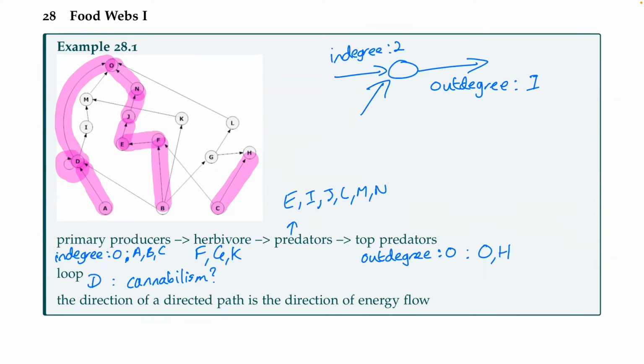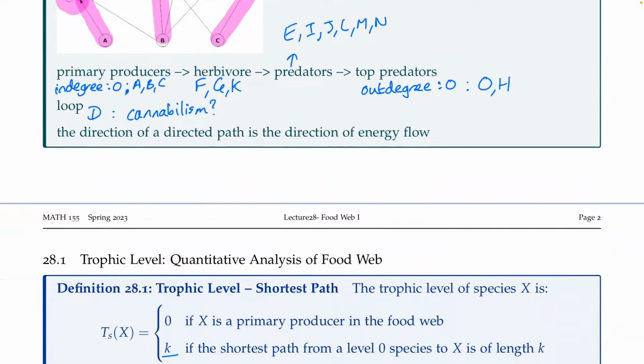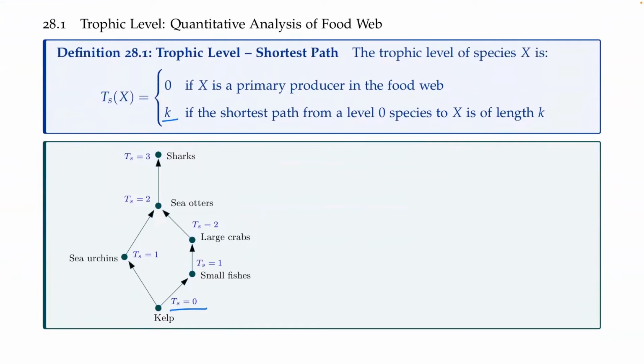In the context of a food web, those arrows are indicating what eats what, and so it indicates some flow of energy through that food web. So we can think about what happens with these food webs in terms of their trophic levels or trophic status. These quantitative measurements give us some indication of how important a species is in a food web, also its place in that food web as well, okay?